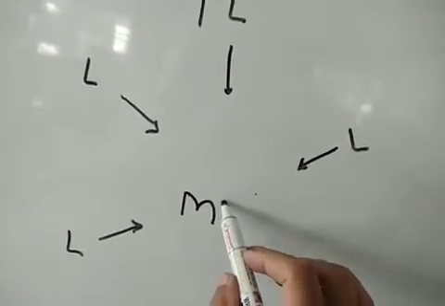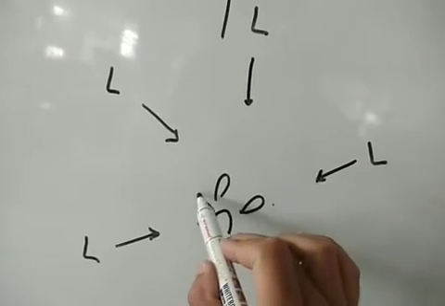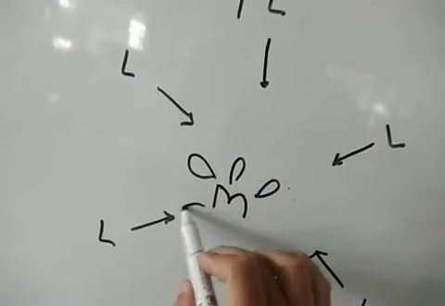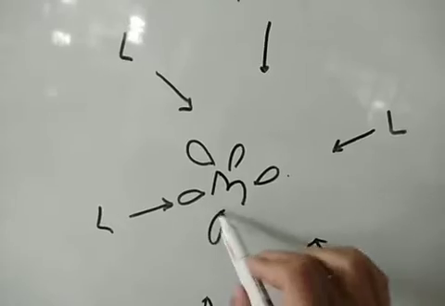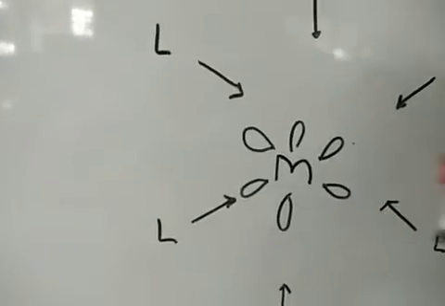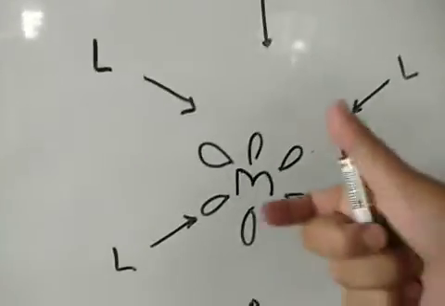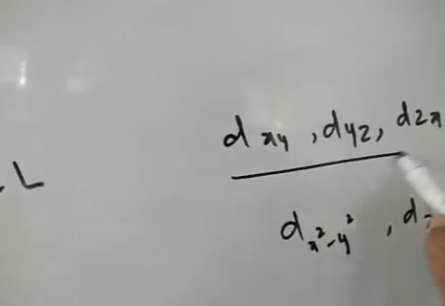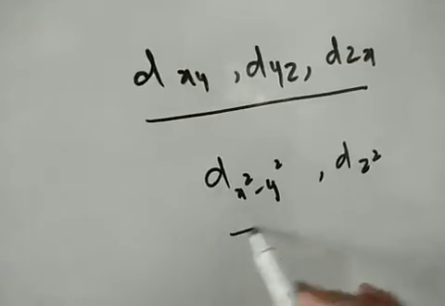That means here we have orbitals. I will show it like this for understanding. These 5d orbitals are on the central metal. Among these 5 orbitals, they are in between the axes, and these 2 orbitals are along the axis.